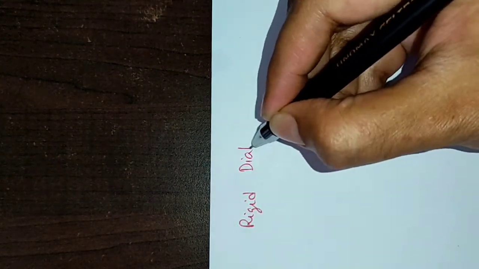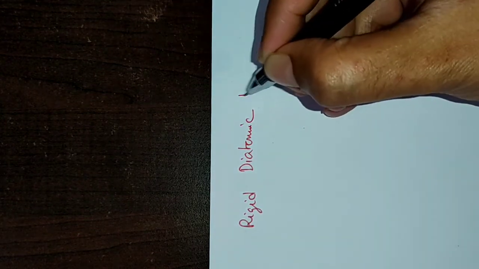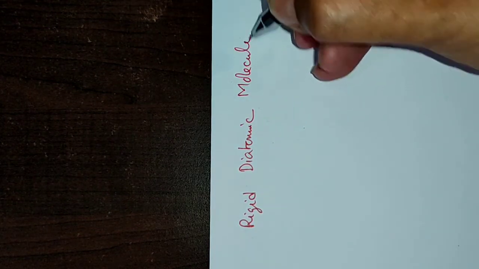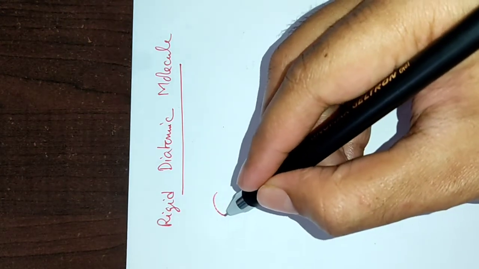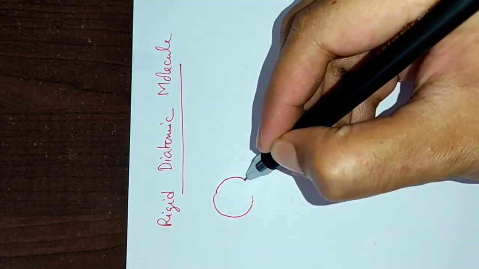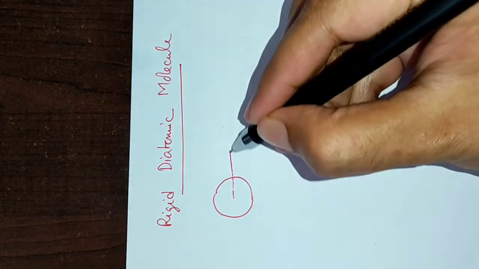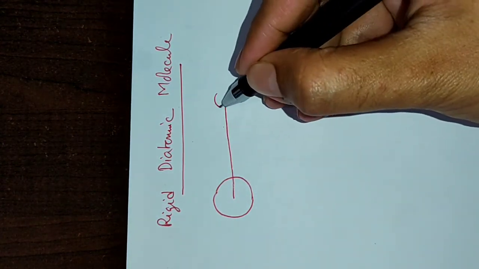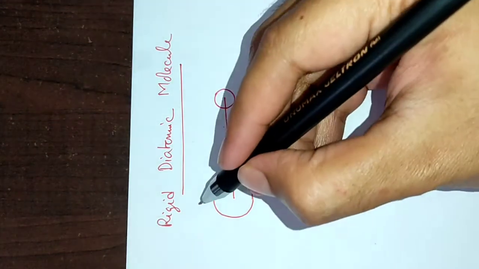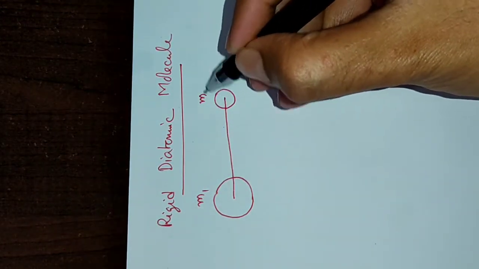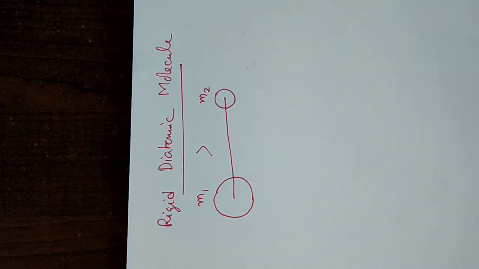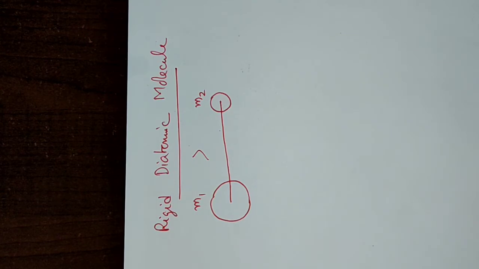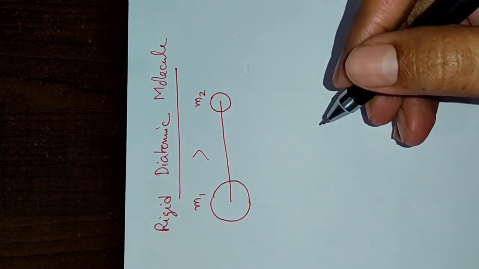Rigid diatomic molecule. A heteronuclear diatomic molecule. So let us consider this atom to have mass m1 and this atom to have mass m2. Obviously m1 is greater than m2. The heavier atom is represented by a greater diameter.